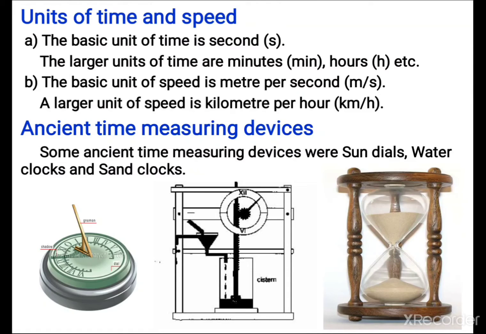A larger unit of speed is kilometers per hour. Ancient time measuring devices. Some ancient time measuring devices were sundials, water clocks and sand clocks, through which the people used to know about the time.